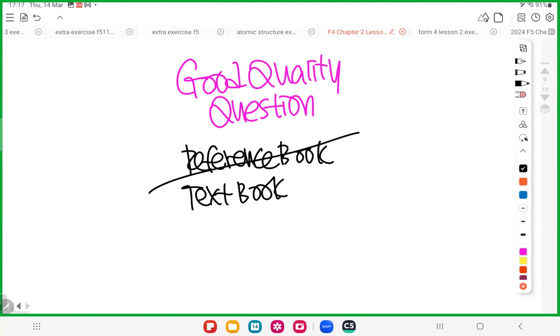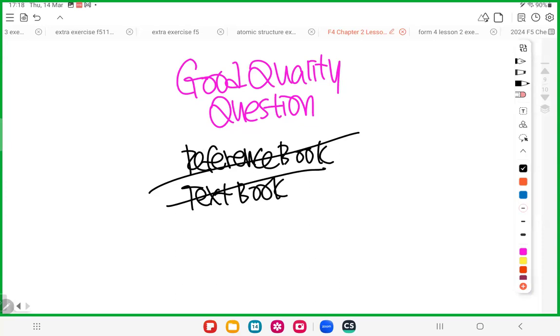Of course, you can do it, but I do not encourage it. Why? Reference book and textbook exercises, the standard is not the same as SPM. They might be too easy or maybe too hard. No point. I heard a lot of stories from my students who told me, sir, I can do all the questions from the reference book, but I couldn't do my SPM. A lot of people are like that.